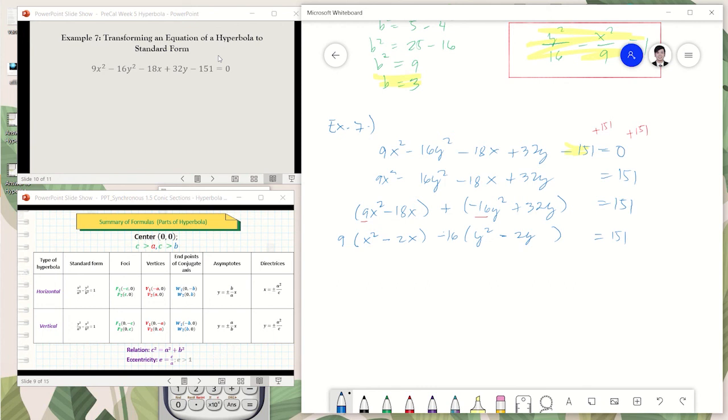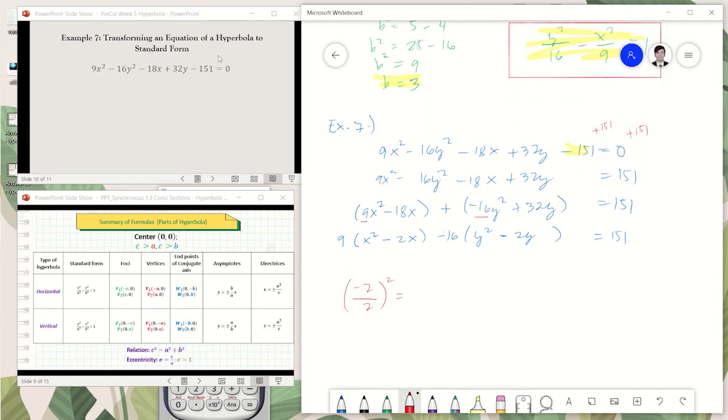Now, the process of completing the square, you have to take the value of b, the one beside our variable, the variable with an exponent 1. So, you have negative 2 in here, divide it by 2, then raise it to the power of 2.